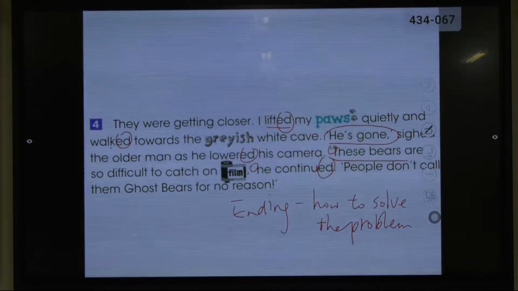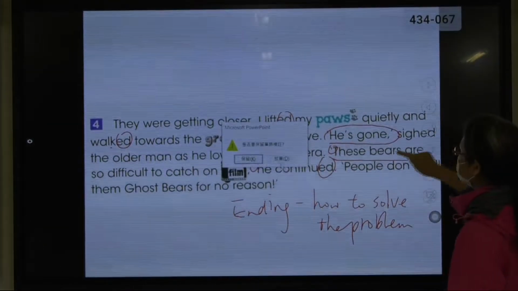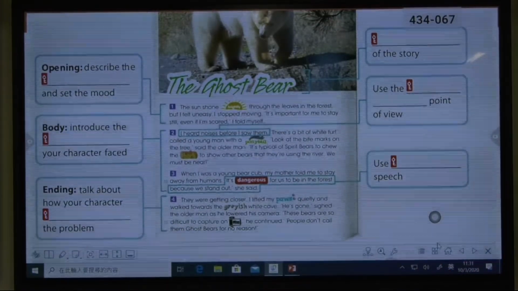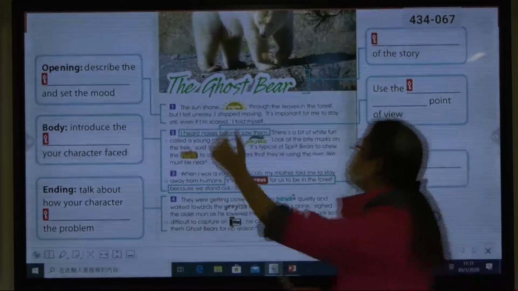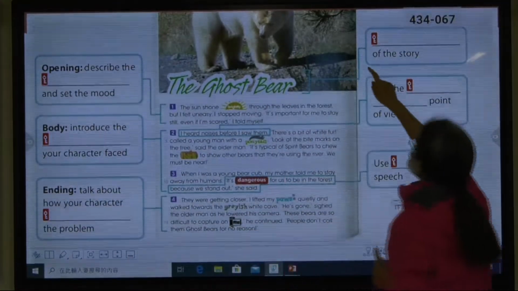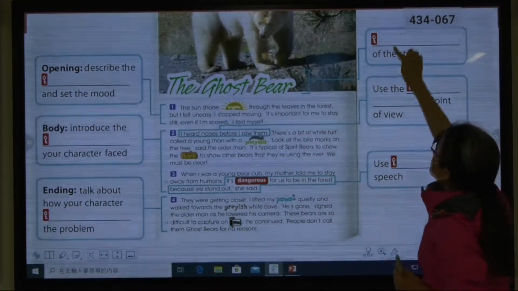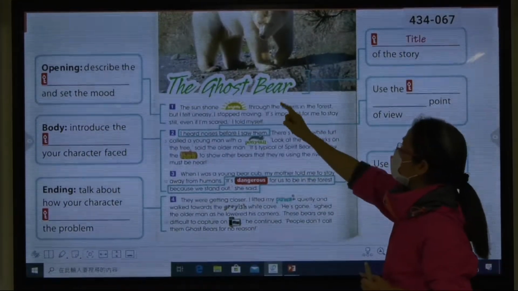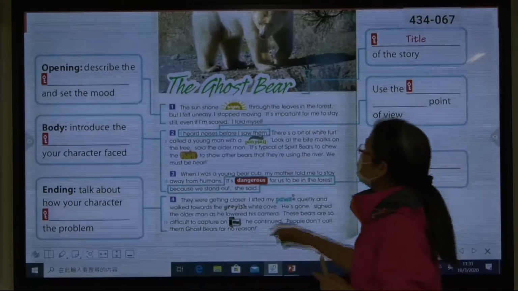In summary, let's have a quick review. The first one, this is a story, and the title, The Ghost Bear.